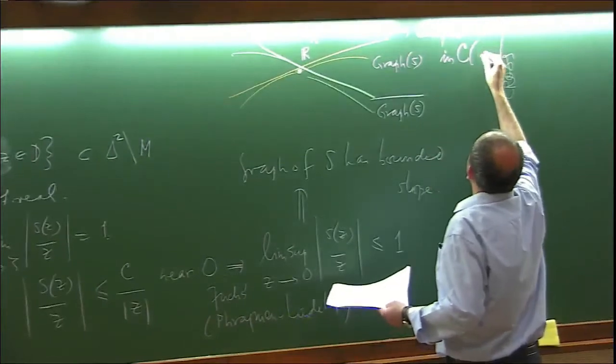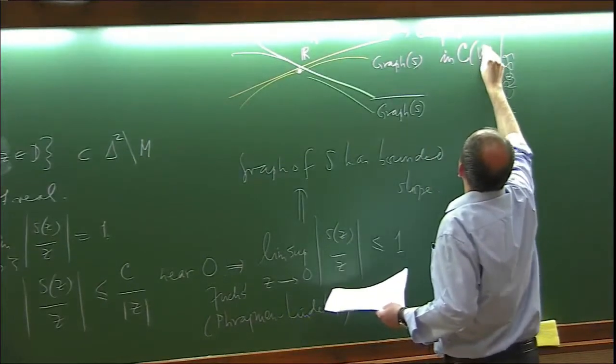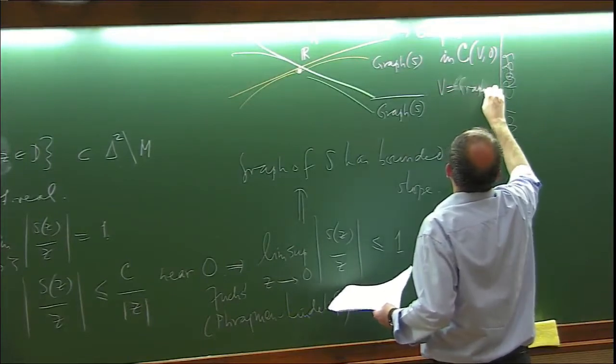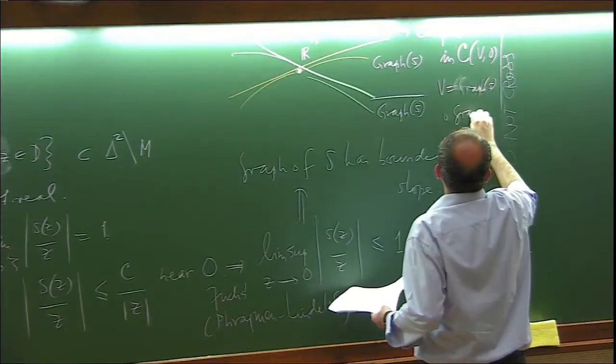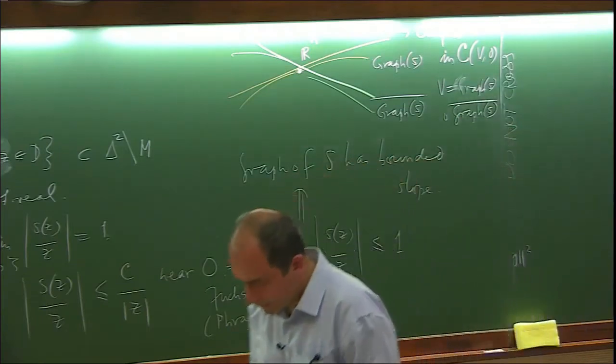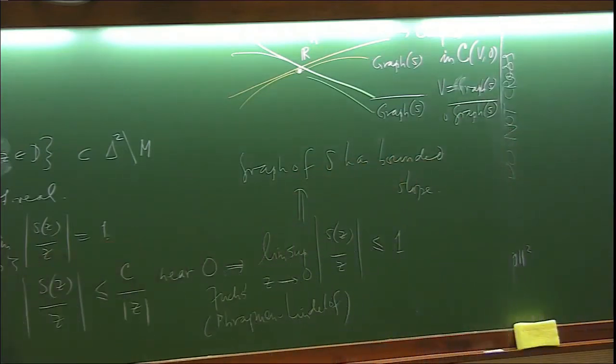So, should I say this? V is 0. So V is the graph of S union graph of S conjugate. Okay. So there are finitely many lines in the tangent cone.